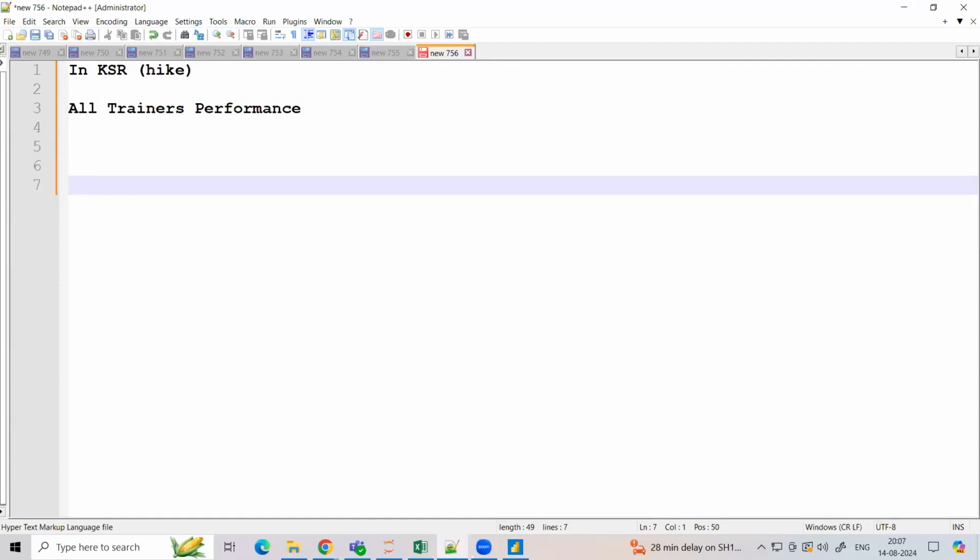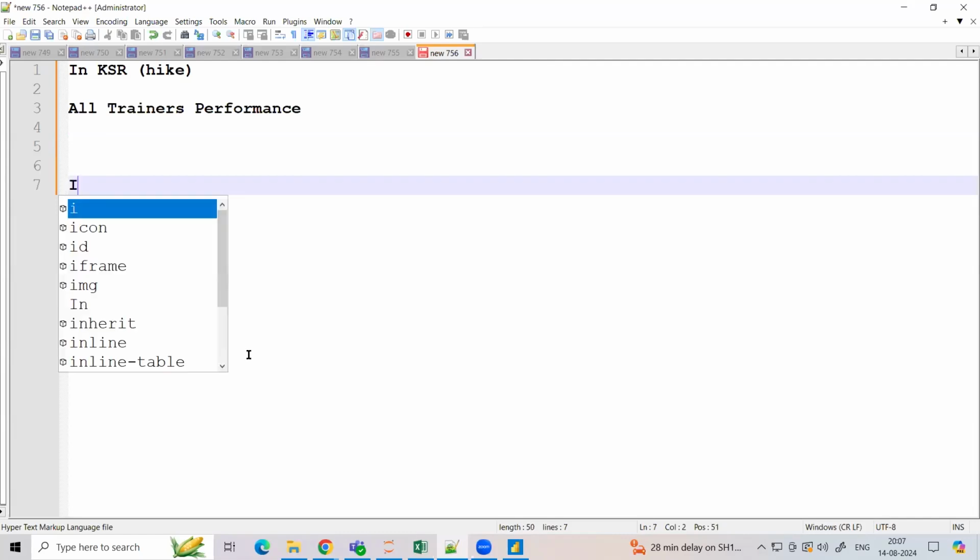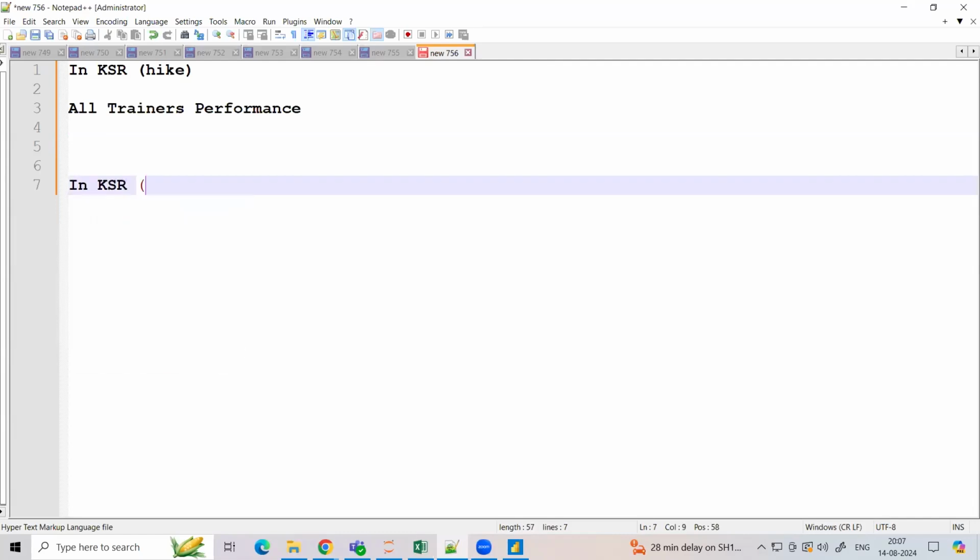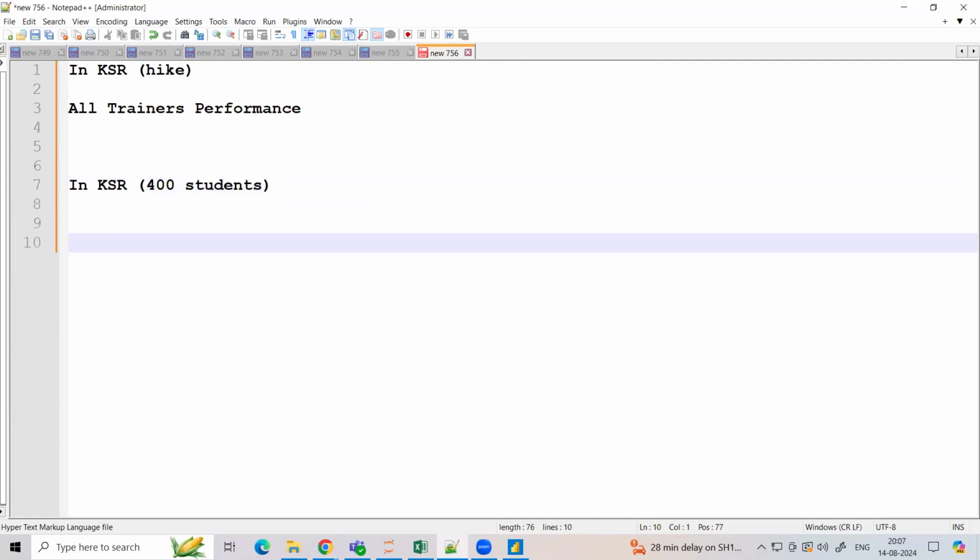Now, in KSR, we have around 400 students across different batches in the current batch. Let's say data science, we have 100.